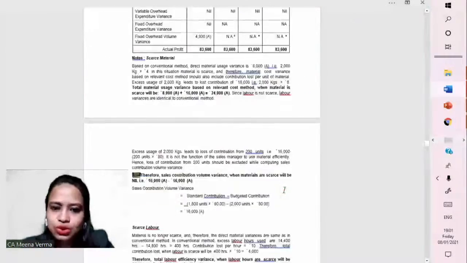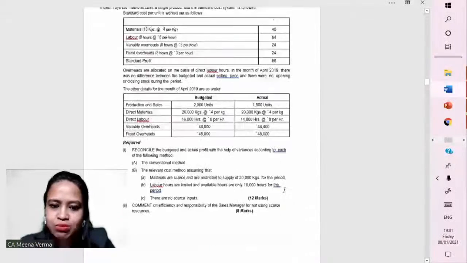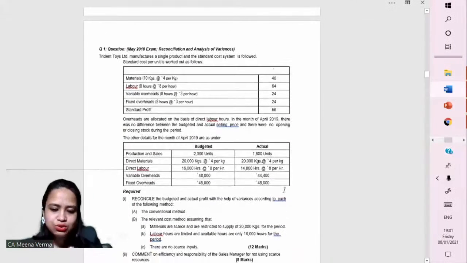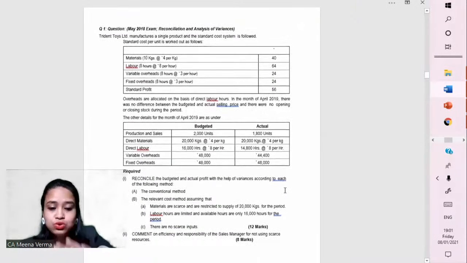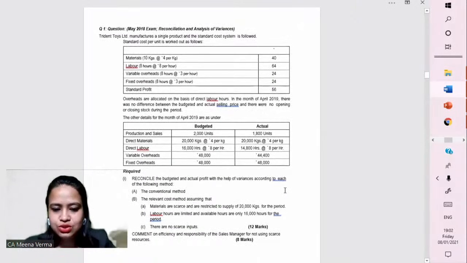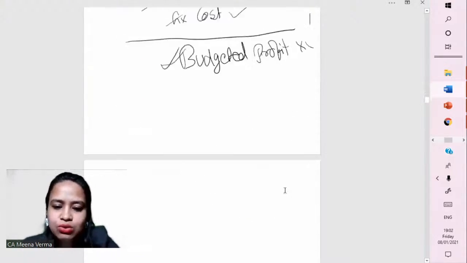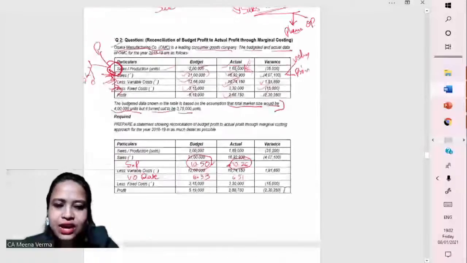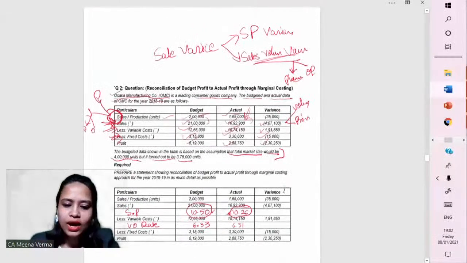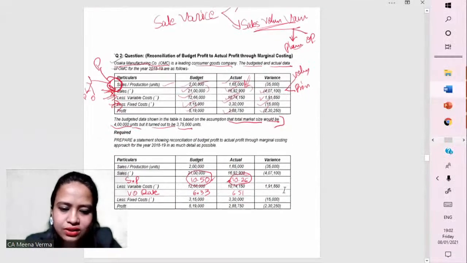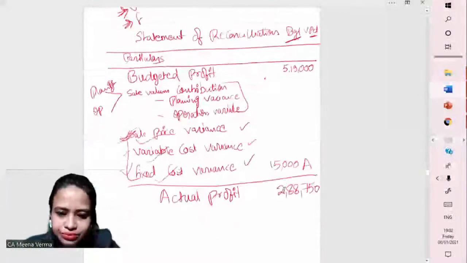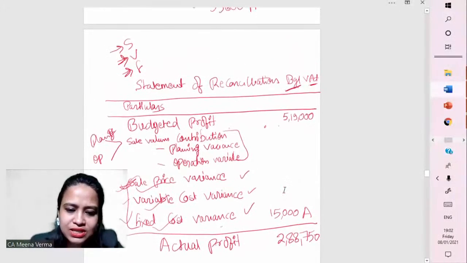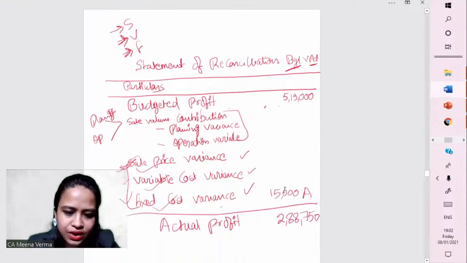Let me show you the question. This is the question, and it is similar to the one we are doing. Most of the students fail to do this question. So please try to apply your brain. Don't just copy me. Try to find the reason why we are doing whatever we are doing. So this way we got the sale price variance and the variable cost variance.